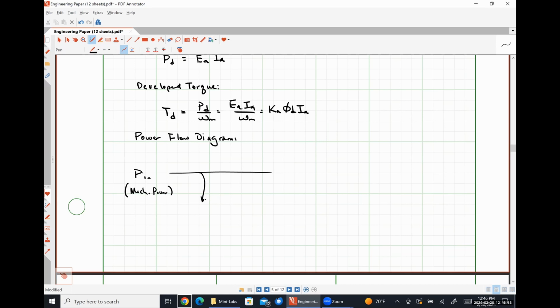We're going to have some rotational losses. So this is friction and windage and things like that. Here we have our developed power, so PD.